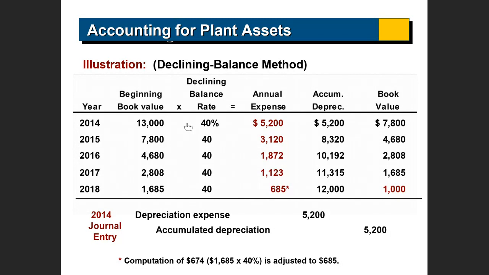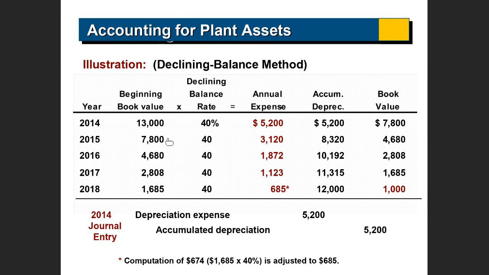No, it's not 40% of the original price. It's 40%, you see, every year, 40% of a smaller number. If I did 40% of 13,000, in 2.5 years, it will become 0. But you see, it's 40%, but this number goes down. How do we calculate this number? Can you tell me?